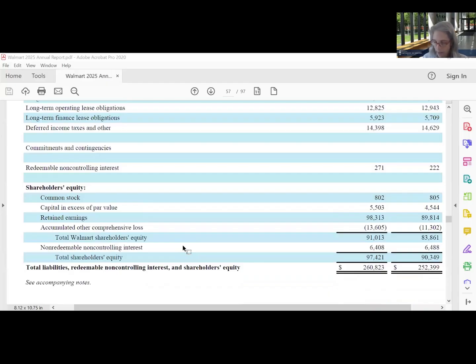so if you remember, our return on equity is net income over equity. And this net income number is after non-controlling interest. So my equity should also then be after non-controlling interest.